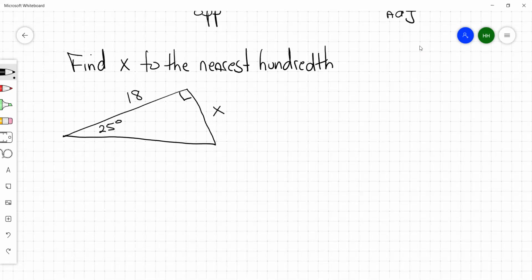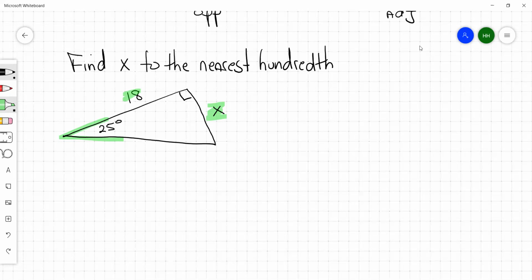Now, step one right here. You look at the problem, you identify the angle you're working with, the side they're asking for, and the other side.